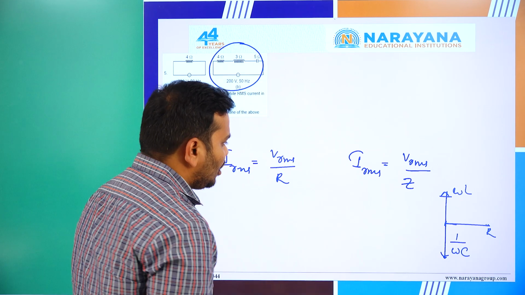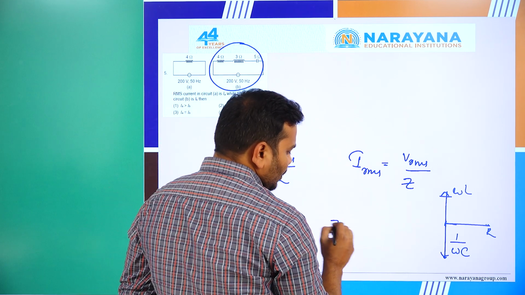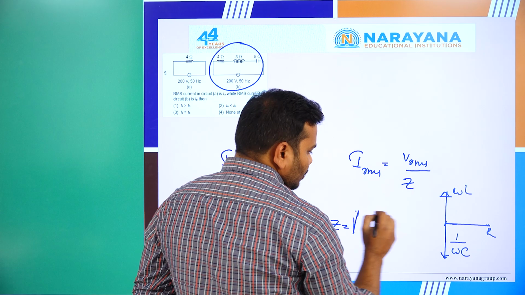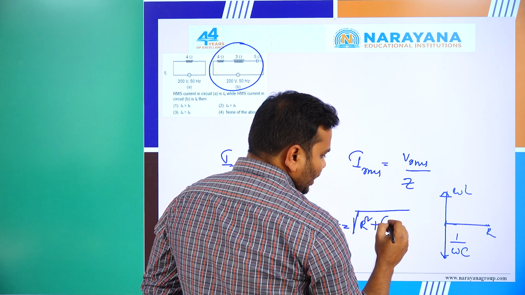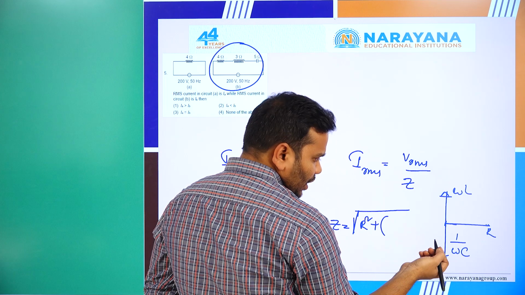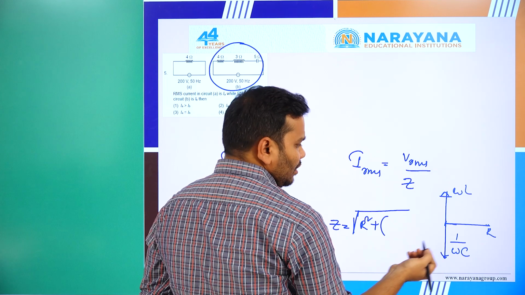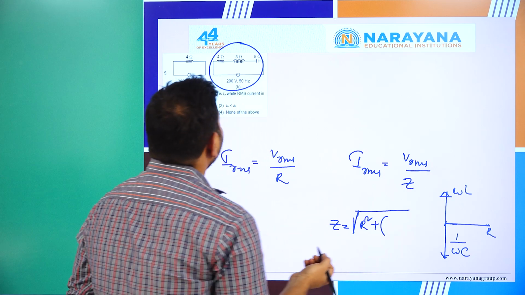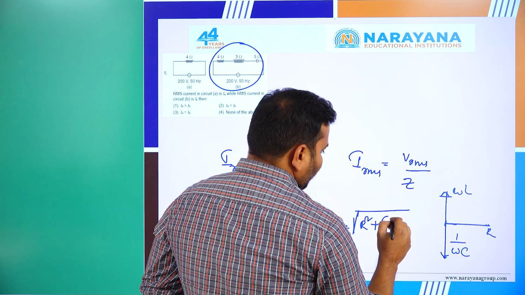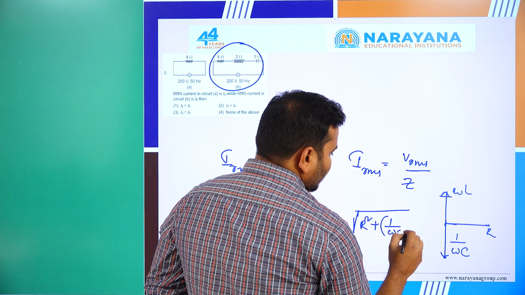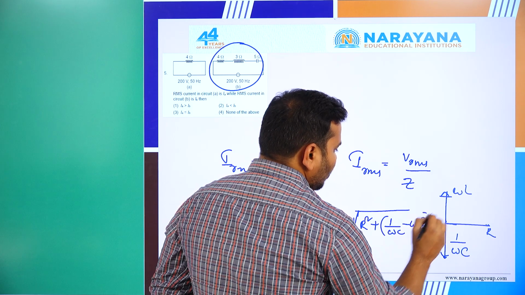Now I can write the impedance as Z equal to under root R square plus, you can take either (1 by omega C minus omega L) or (omega L minus 1 by omega C) whole square, it does not matter. So here I write (1 by omega C minus omega L) whole square.